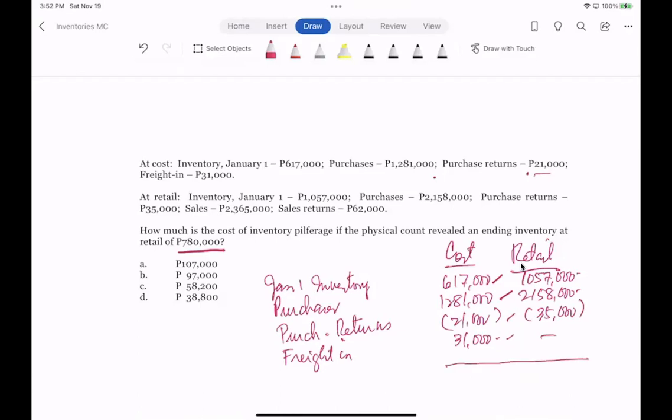Therefore, our goods available for sale: we have 617 plus 1,281 minus 21 plus 31, so this is 1,908. And for retail, that's 1,057 plus 2,158 minus 35. That's 3,180.